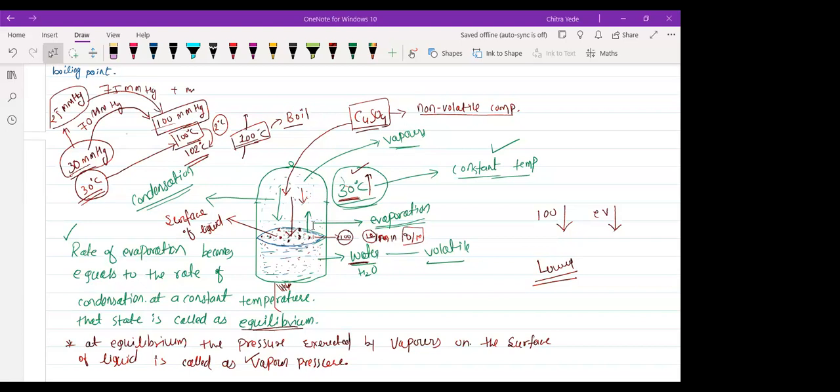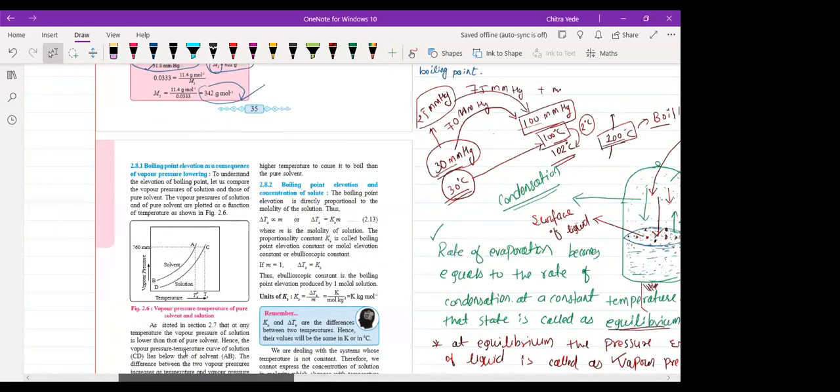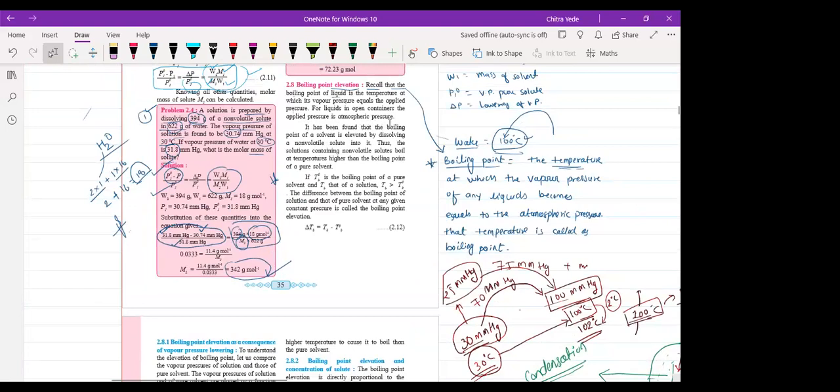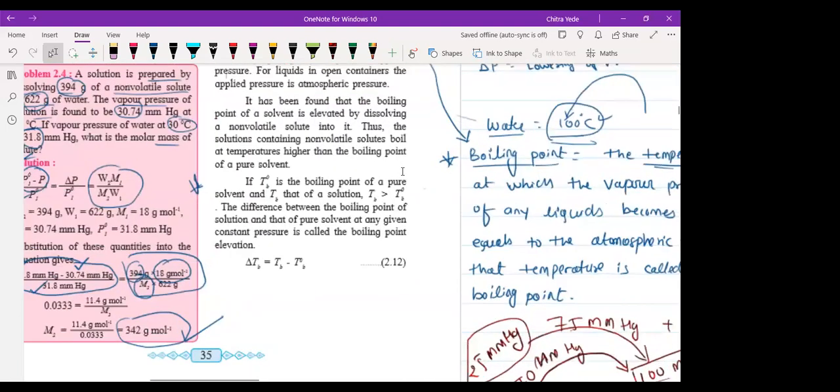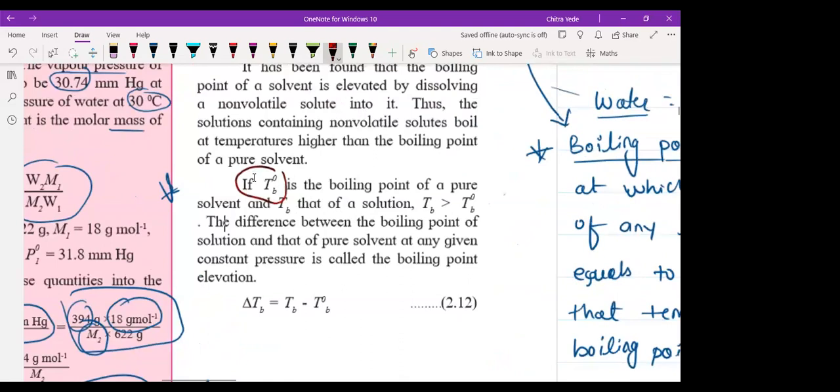Yes, now we will discuss from the notes. Again, the same thing we discussed in lowering of vapor pressure, more or less similar here. First, we will discuss the boiling point temperature of the pure solvent. It is represented by T0, beta. T is temperature, 0 means zero concentration, meaning pure solvent, and B is the boiling point.